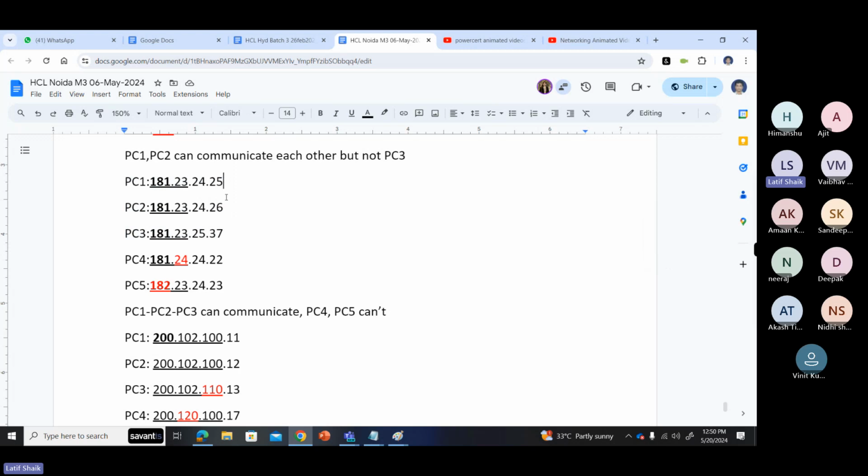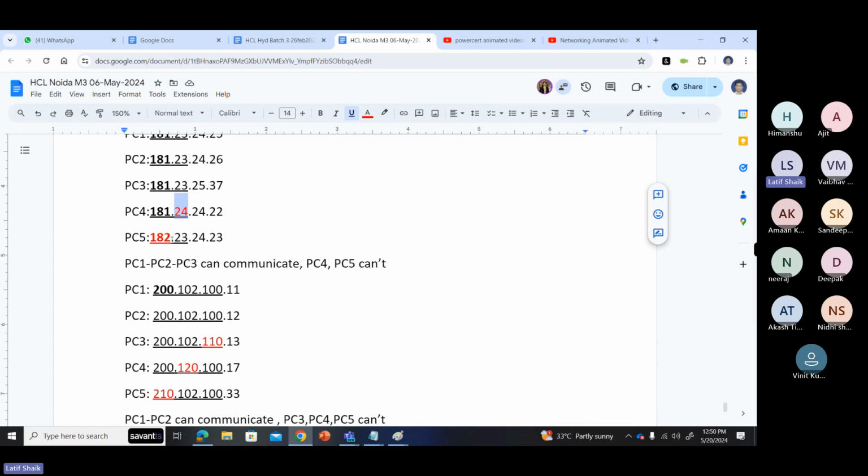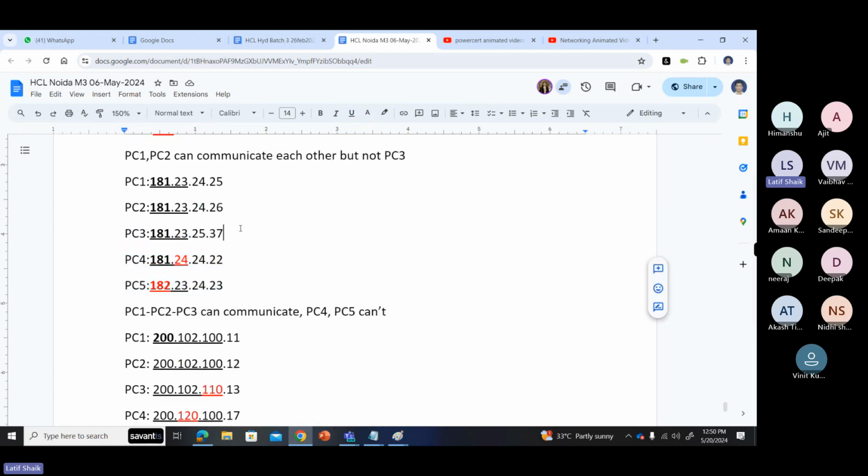Here only one host portion is different, but here two host portions are different, but still these three communicate with each other. But if you see this one, here it is a different network address. From here to here is a difference. So these two cannot communicate with these two machines.